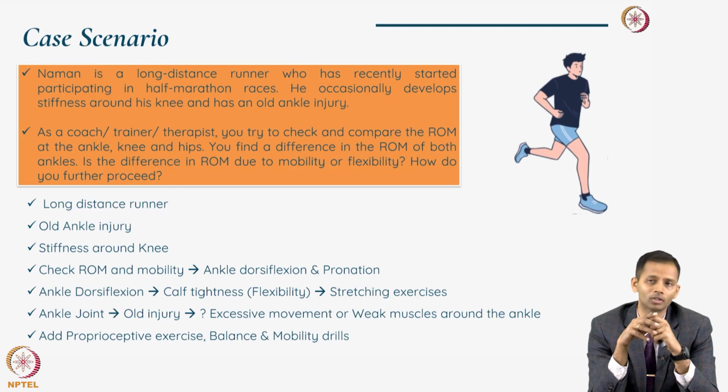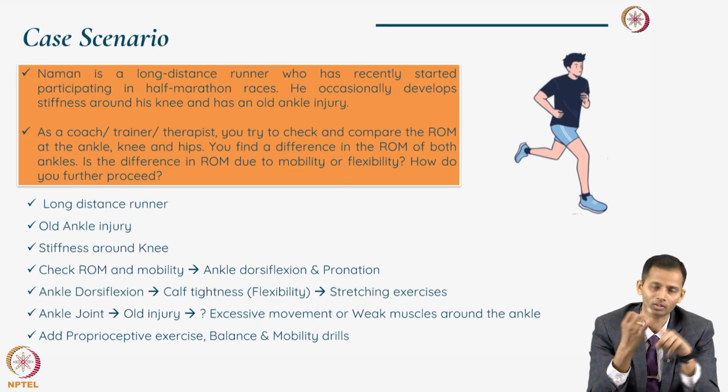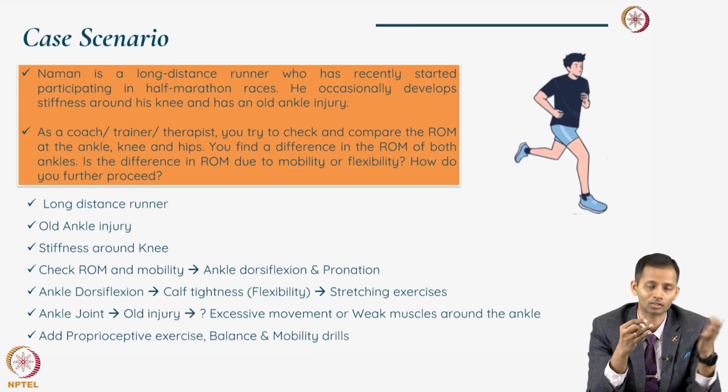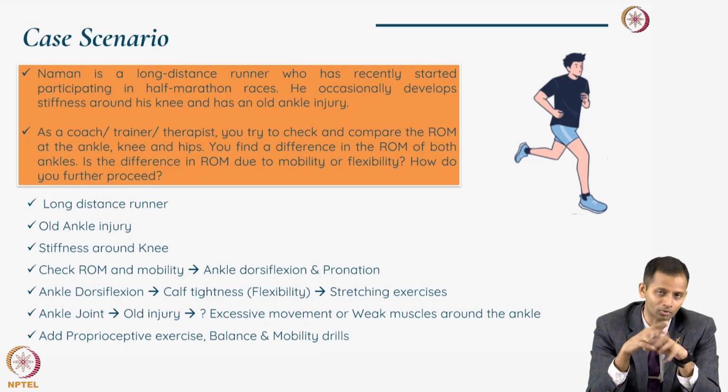So it is easier to come to a conclusion that there may definitely be weakness of the muscles around the ankle joint. If the old injury was a recurrent issue, then there may also be a problem with the structural joint, where there may be osteophytes or any kind of dislodging of the osteophytes and forming loose bodies around the ankle joint as well. So that needs to be ruled out.